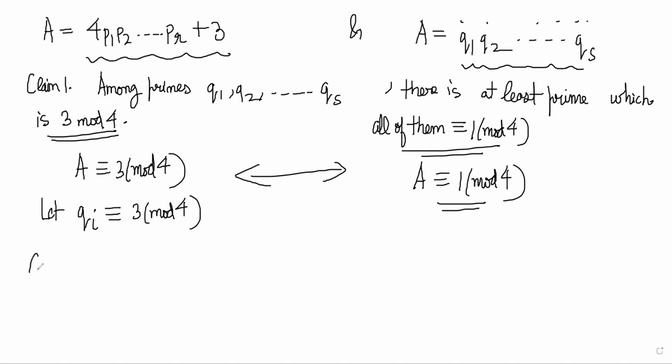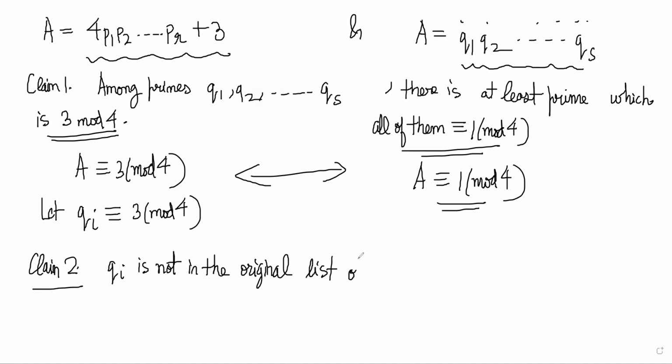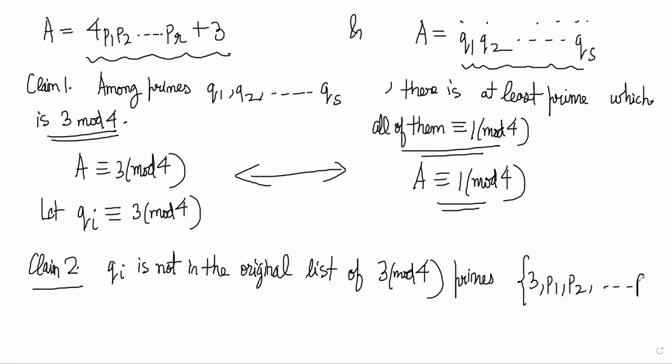Right? Now what is my claim 2? Claim 2 says that Qi is not in the original list of 3 mod 4 primes. The original list, if you recall, was 3, P1, P2 till PR, right?